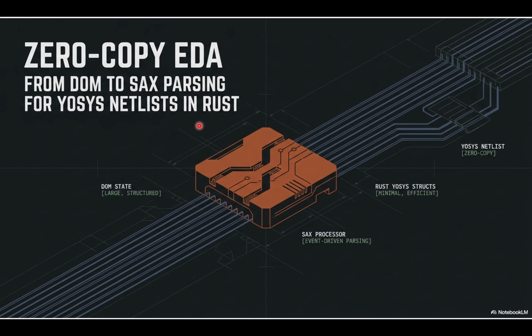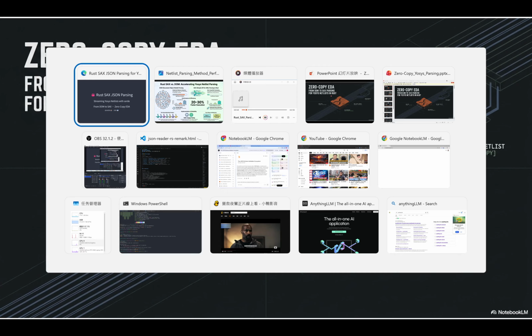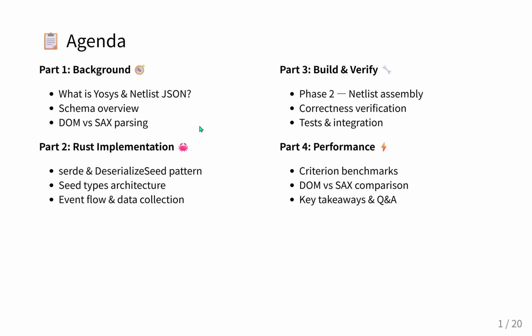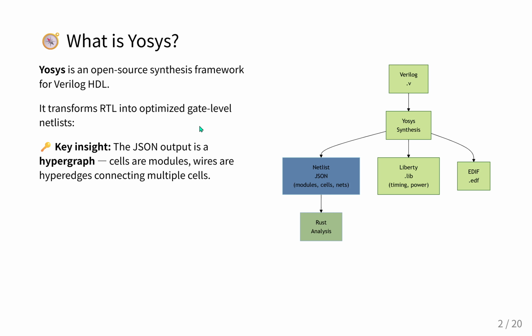But to understand how this developer actually pulled off this zero-copy magic, we first need to look at the environment they were working in, which is Yosys. Right, Yosys. For those of you who aren't designing microchips on your weekends, Yosys is a highly specialized open source synthesis framework. It's essentially a translator. So when hardware engineers write code to describe how a microchip should behave, using a high-level language called Verilog, Yosys steps in.